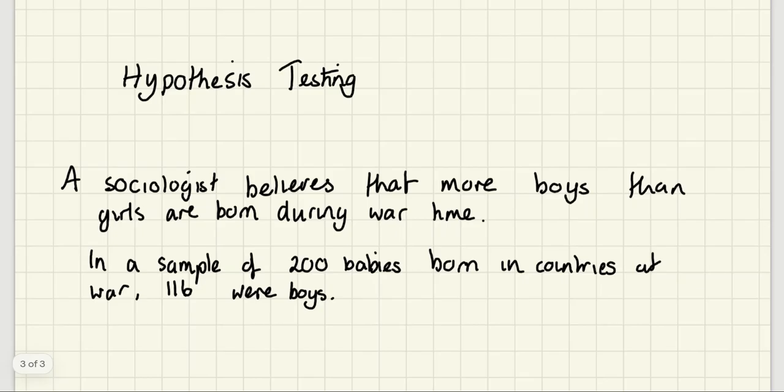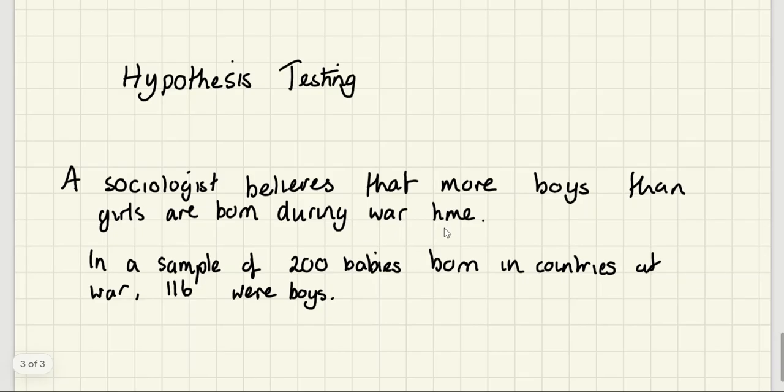What we're going to do though is look at how likely that amount of boys out of 200 was, and whether we think that number is statistically significant or not. So we're not just going to look at the number. Depending on what numbers you tweak, you can make things say one thing or another. That's what people do.